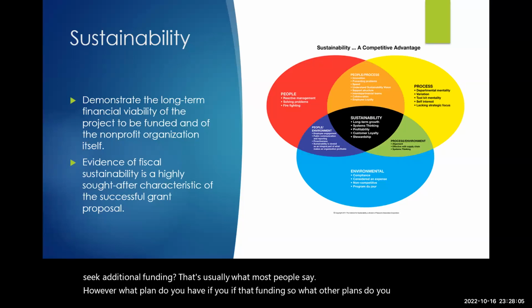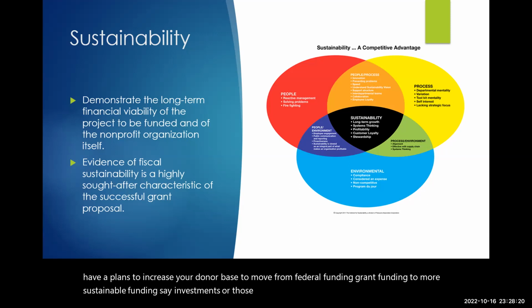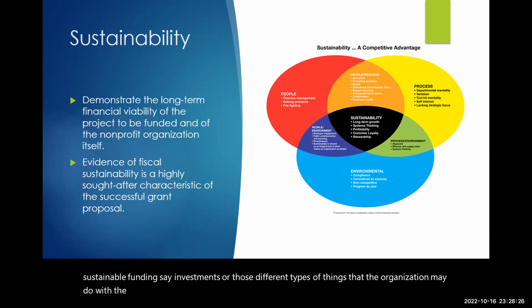Do you have plans to increase your donor base, to move from federal funding and grant funding to more sustainable funding, say investments, or those different types of things that the organization may do with the monies that they invest?